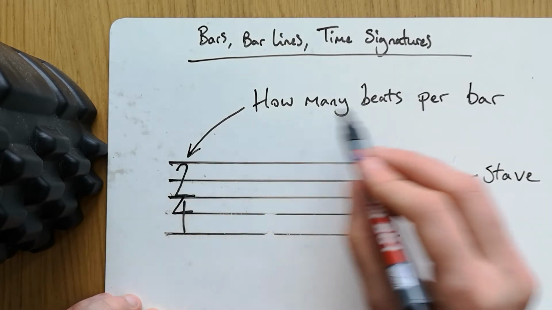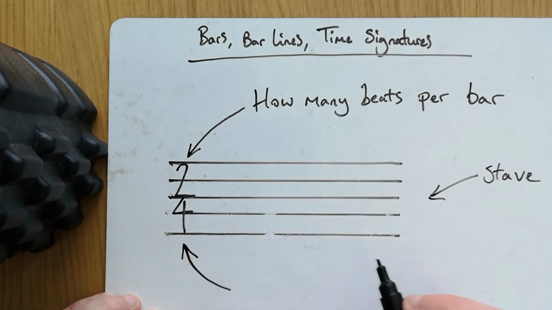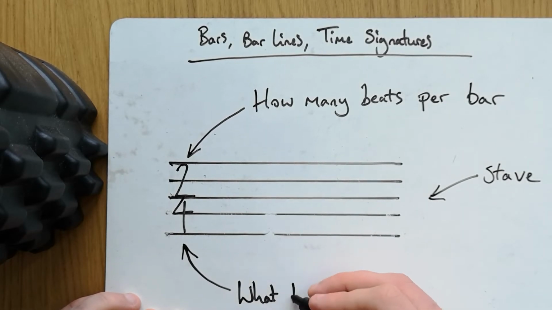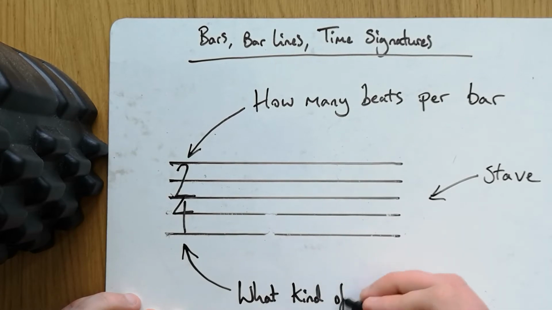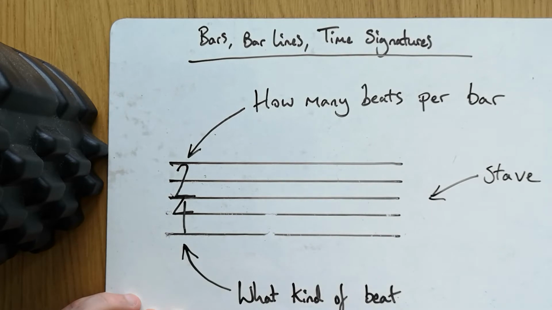So that's the top number, how many beats per bar. The bottom number, in this case 4, shows what kind of beat. We know we've got 2 of them, but the number 4 indicates what kind of beat.